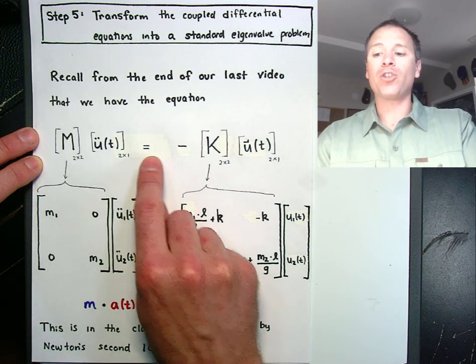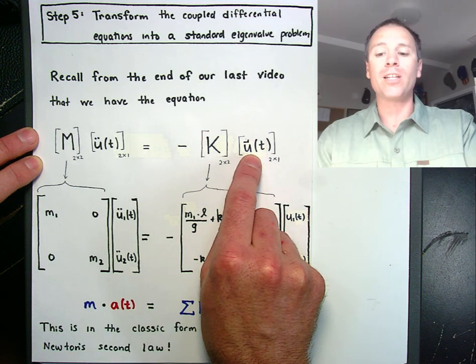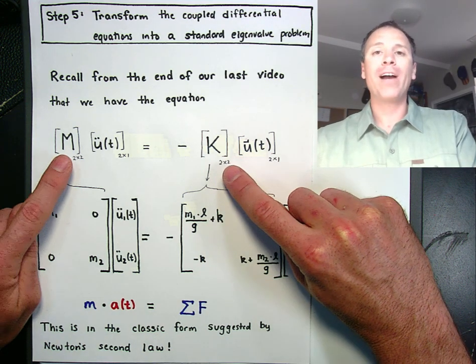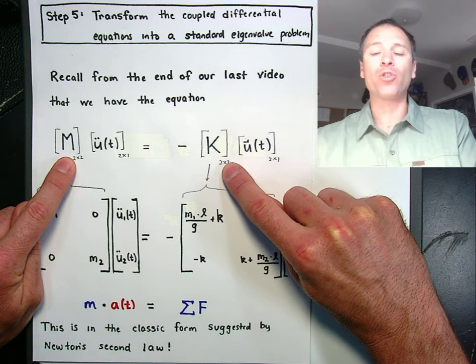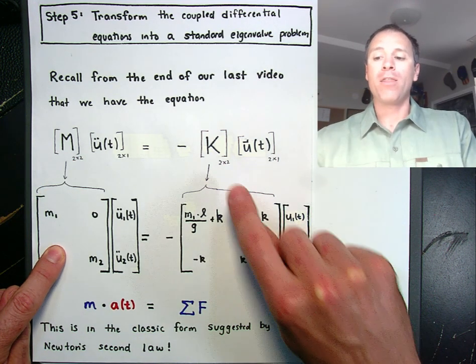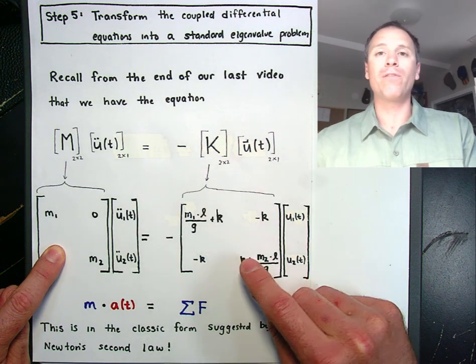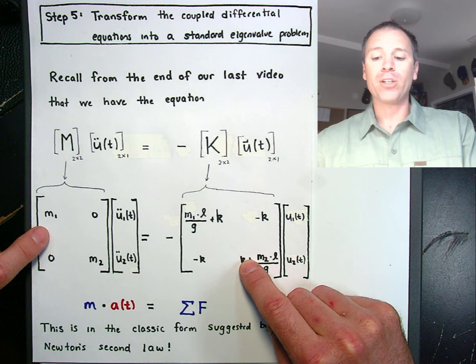And then we equal that to negative k times the displacement function that we so desired. The actual values of each of the entries of these matrices are spelled out here. This matrix we're going to call the stiffness matrix to correspond with work that we've done previously. This matrix is the mass matrix.